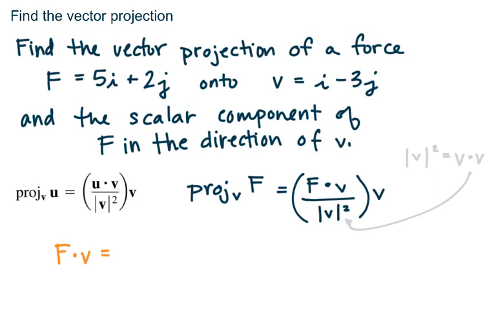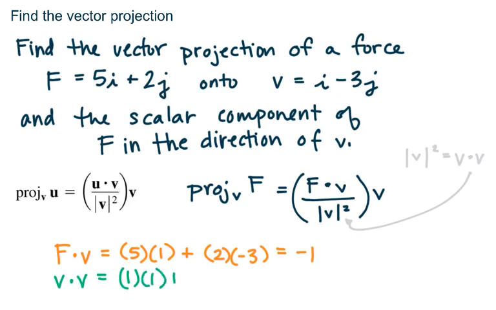F dot V is going to be 5 times 1 plus 2 times negative 3, which is 5 take away 6, or negative 1. I'm going to calculate V dot V, which is 1 times 1 plus negative 3 times negative 3, which is 1 plus 9, or 10.